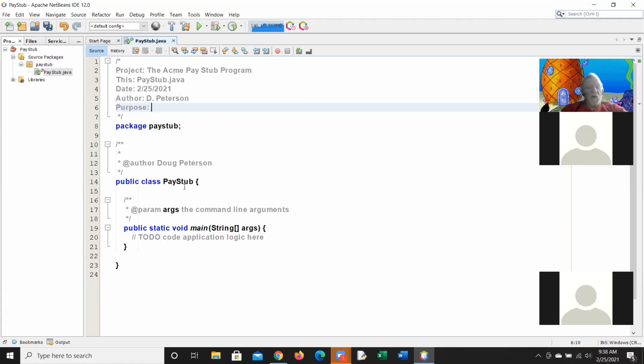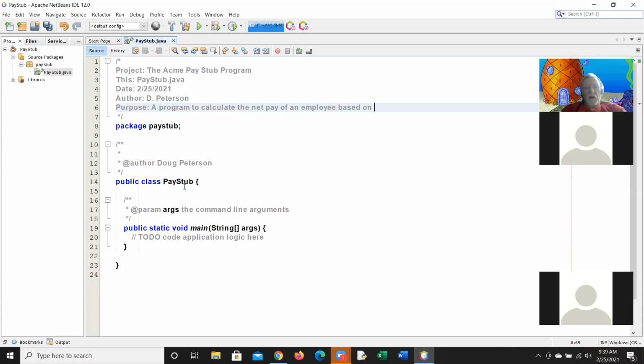Okay. So a program to calculate the net pay of an employee, or whatever we want to put it, based on only two inputs.